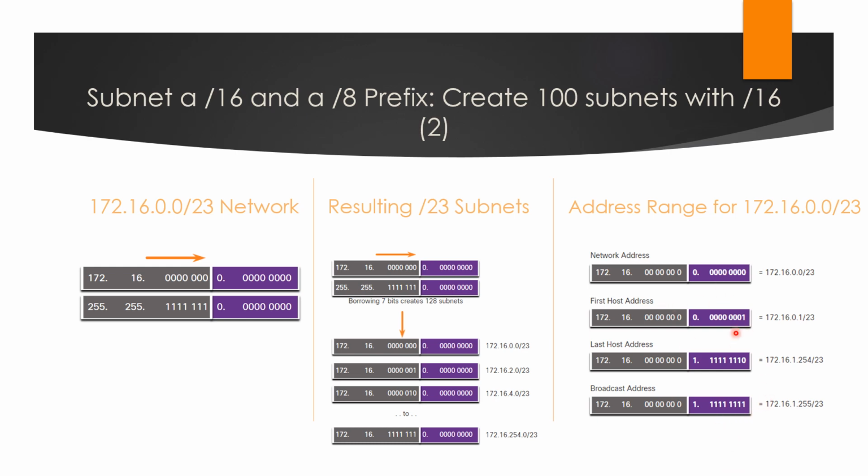By referring to this, we have the first host address as 172.16.0.1/23, the last host address will be 172.16.1.254/23, and the broadcast address will be 172.16.1.255/23.